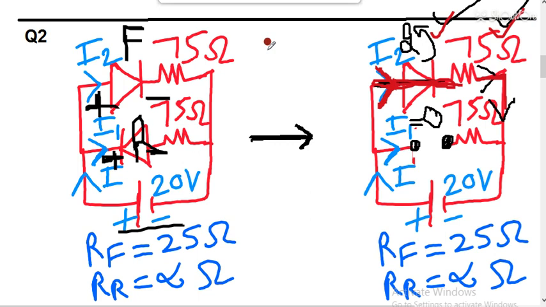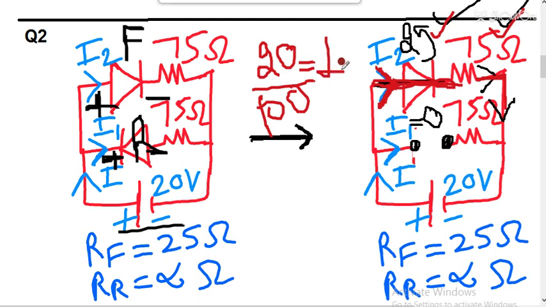So current will be equal to total voltage, that is 20, by total resistance, which is 100. So 20 by 100 will be the answer for the total current, that is I. As I1 is equal to 0, the total current will also be equal to I2.